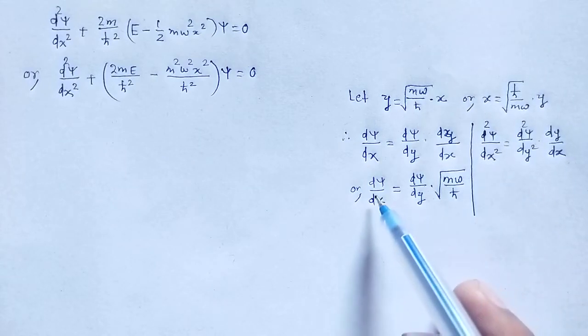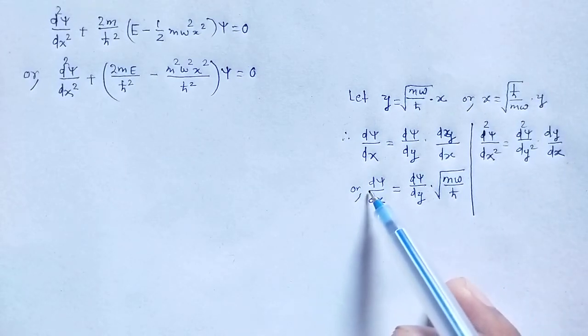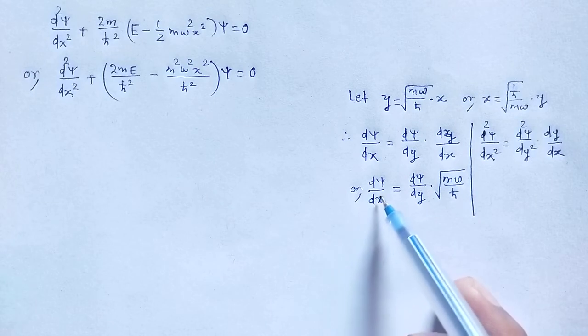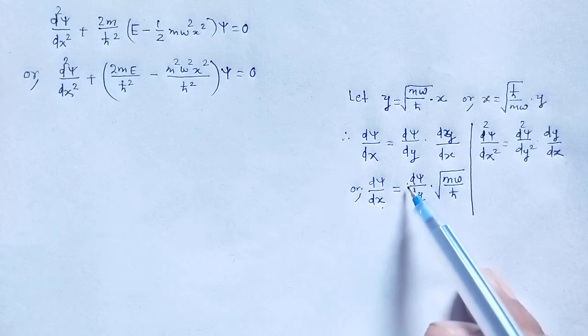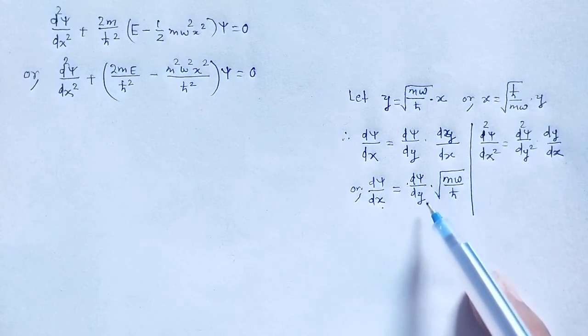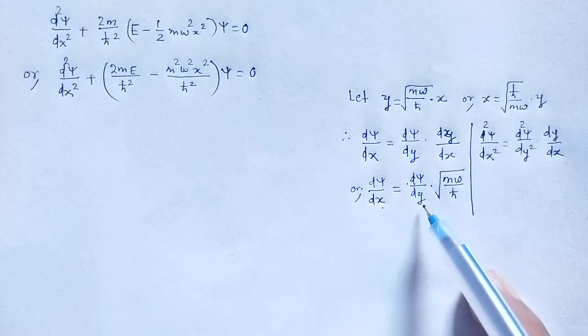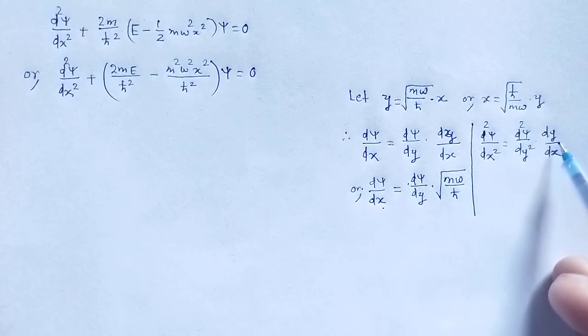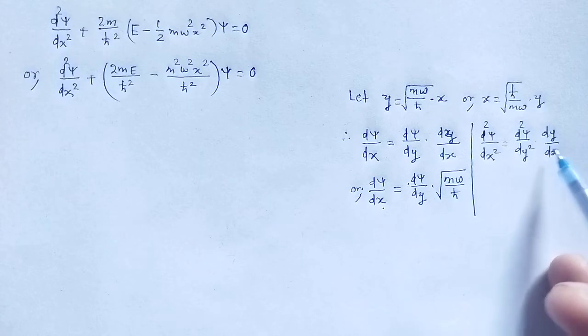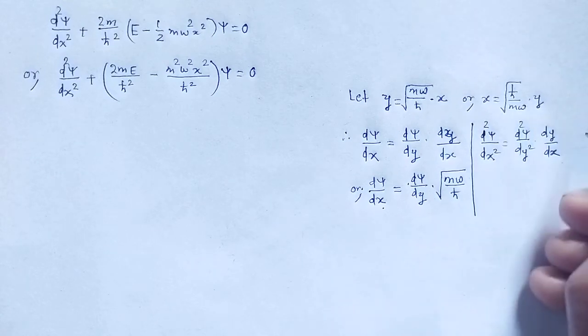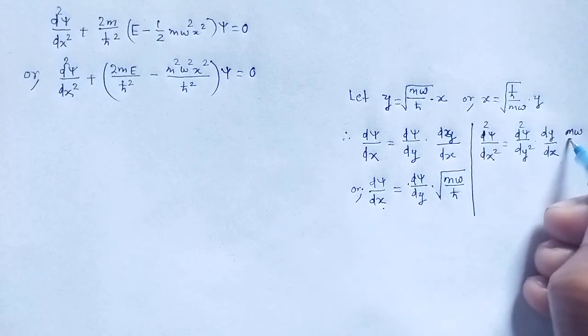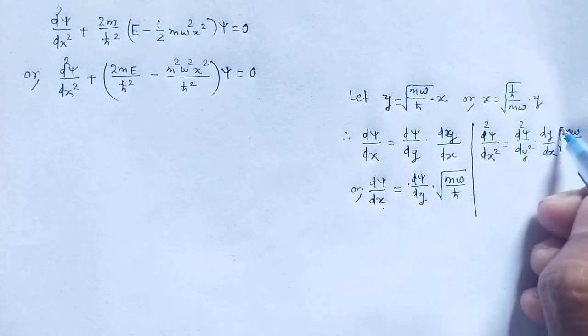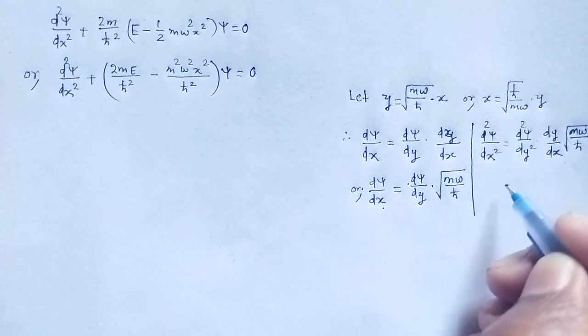As we differentiate once more, that means d by dx of d psi by dx, here d by dx of d psi by dy gives d square psi by dy square into dy by dx, just a chain rule, and that constant term, the square root of m omega by h cross.